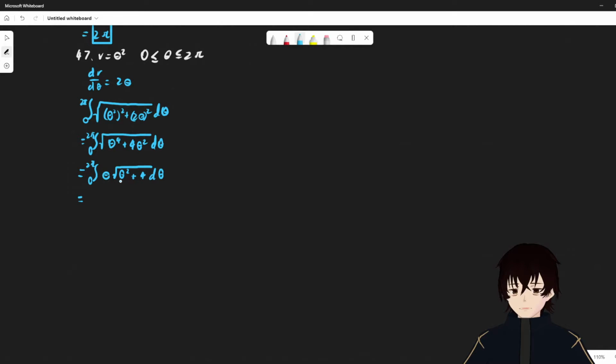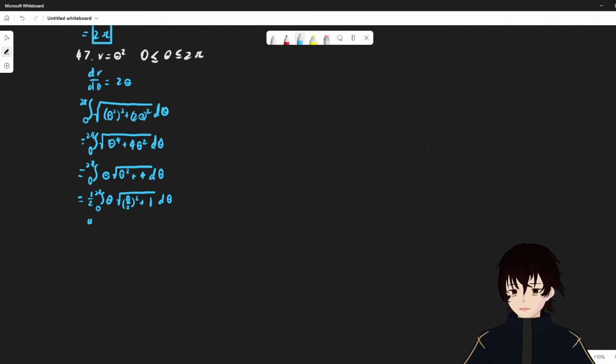Let's do it this way. We factor out a 1 over 4. So we get 1/2, integral from 0 to 2 pi, theta times the square root of theta over 2 squared plus 1 d theta.